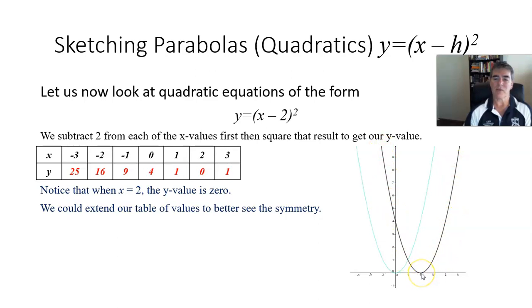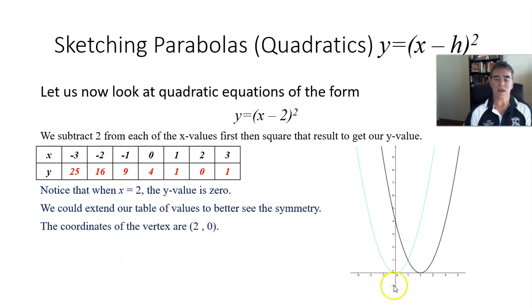So we can see that the parabola has actually shifted, or translated, along the x-axis to the point x equals 2. So it looks like this value of 2 is very important and telling us that it's moved across 2 places. Even though this looks like it's a negative 2 in there, it's this x value that makes this 0. That's the important part, and we'll see that with a couple more examples.